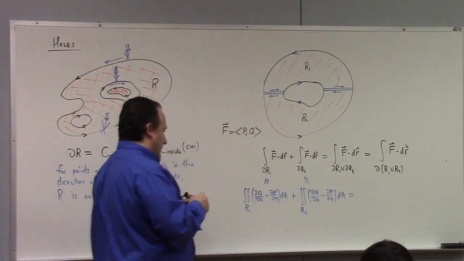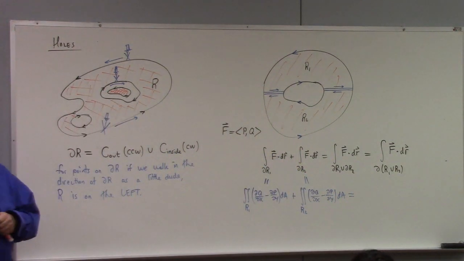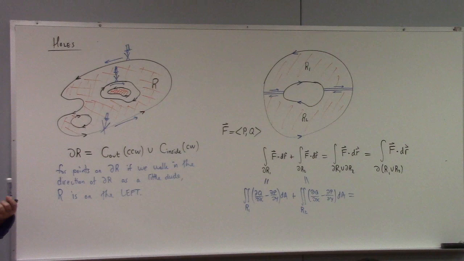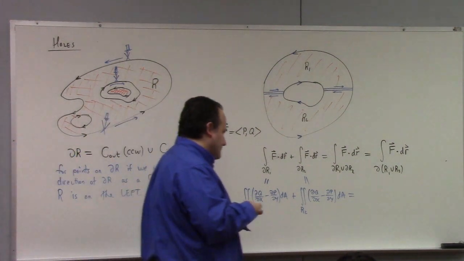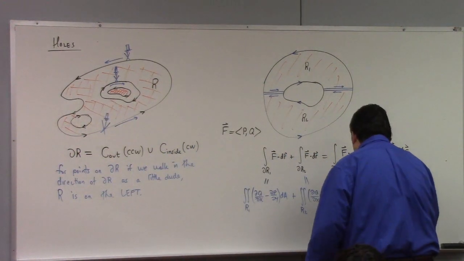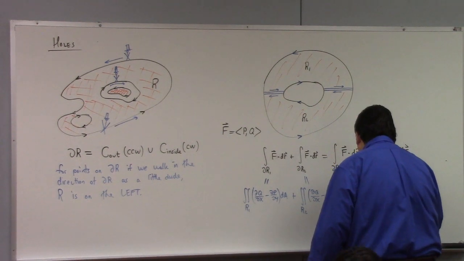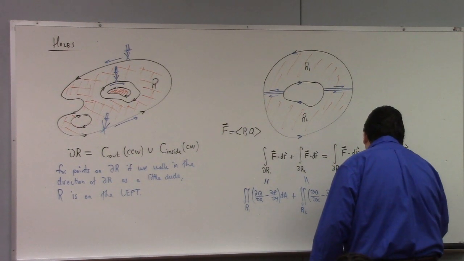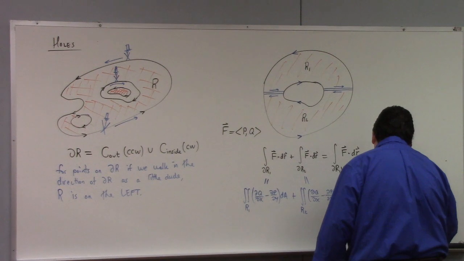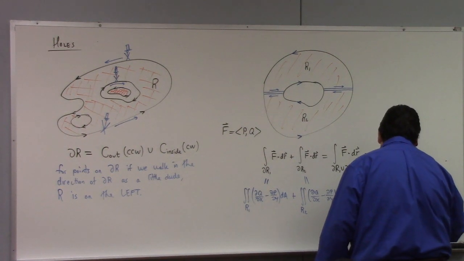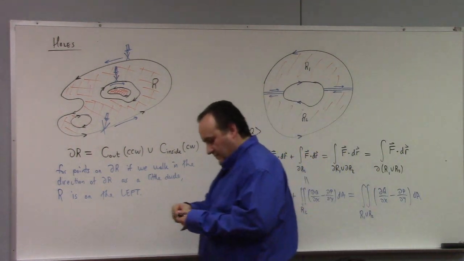But then you can add those together, and when you integrate over two subsets and take the union of those subsets, that's the integral over the totality, using the additivity of the integral. So this is really just the double integral over R1 union R2 of partial q, partial x, minus partial p, partial y, dA.